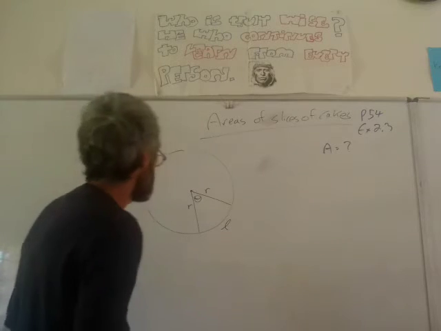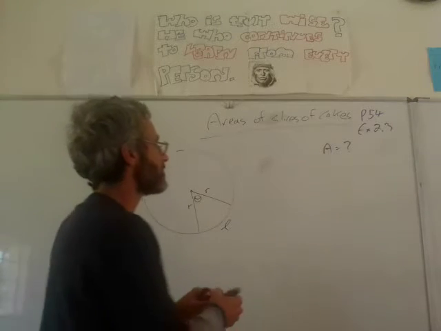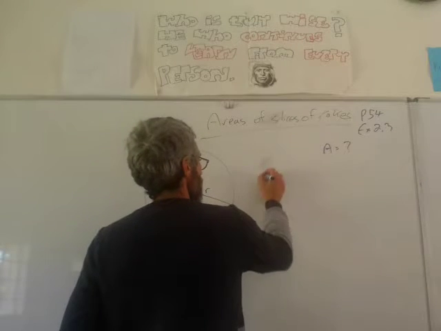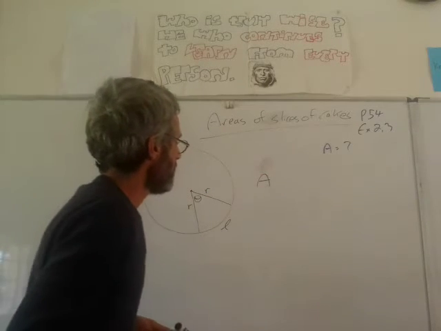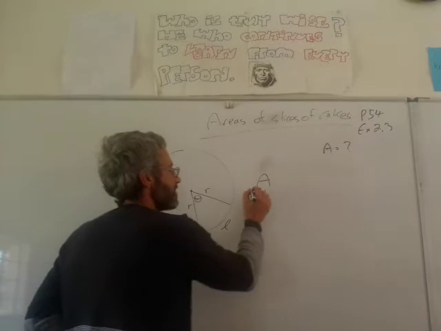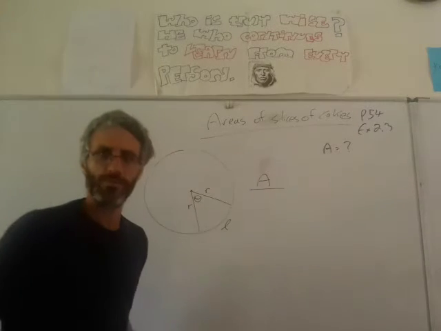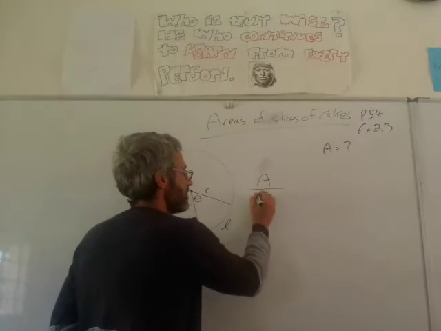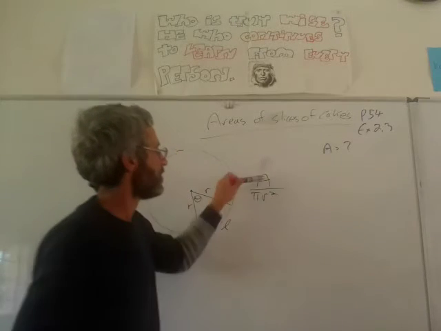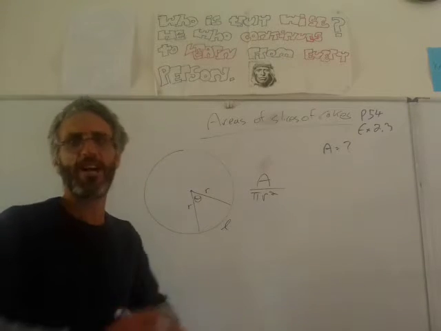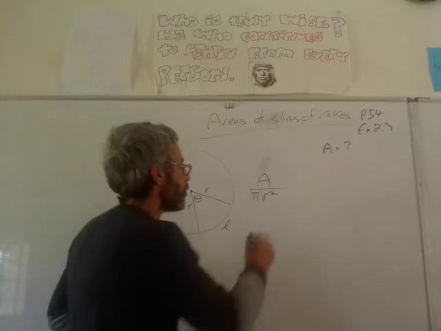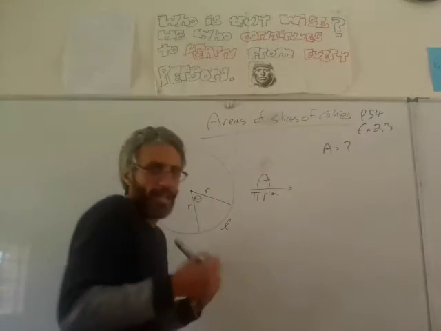So we're trying to create a formula to find the area of that slice of cake. The place to start is to divide that area by the area of the whole circle. What's the area of the whole circle? Pi r squared. So the area of the slice divided by the area of the whole cake gives a ratio.